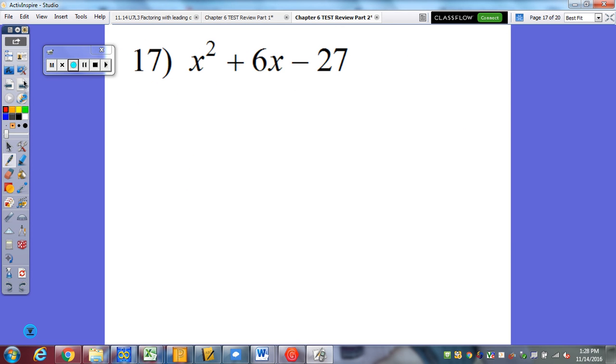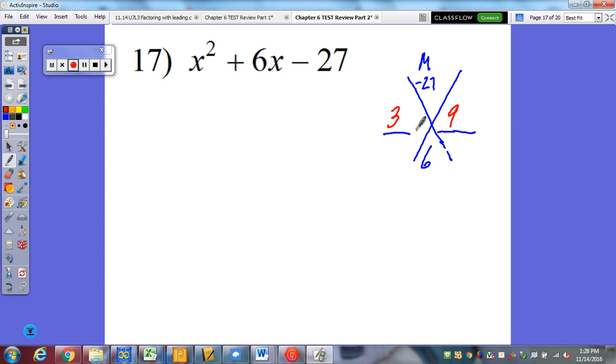Let's do this one. So again, we're going to use the x. Find two numbers that are going to multiply to negative 27 and add to positive 6. Well, those two numbers, if we look, are going to be 3 and 9.